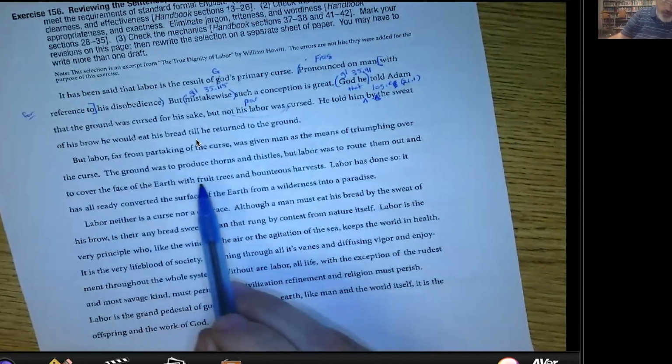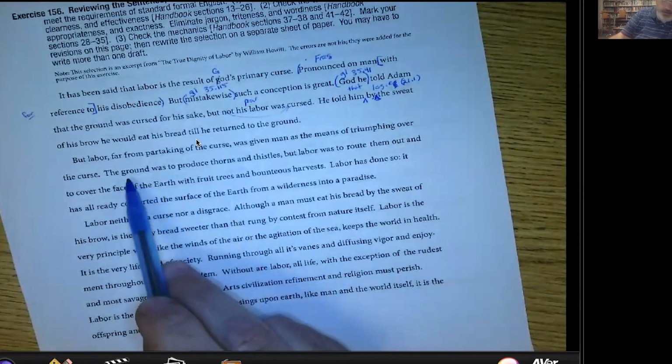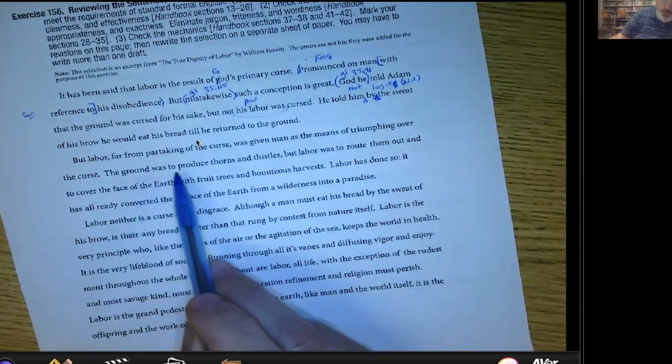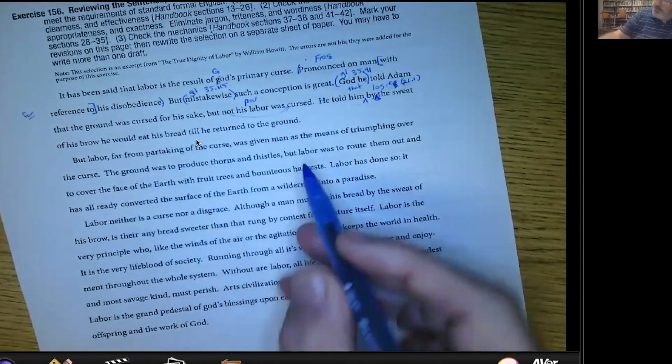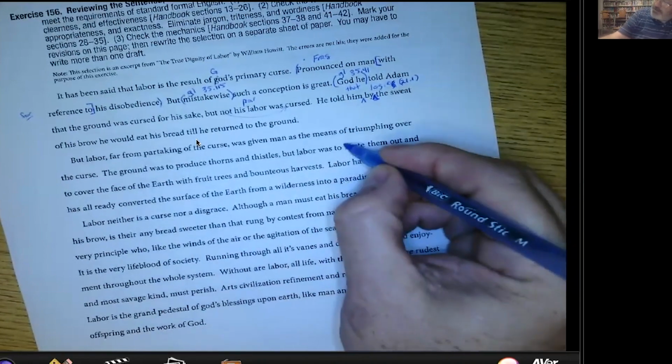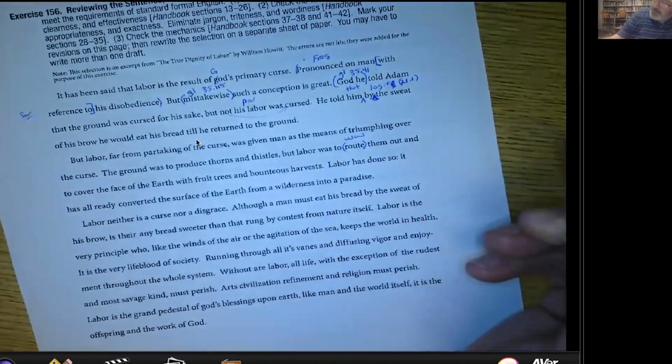But labor, far from partaking of the curse, was given man as the means of triumphing over his curse. Nothing wrong with that sentence. The ground was to produce thorns and thistles, but labor was to route them out. This is the wrong word.